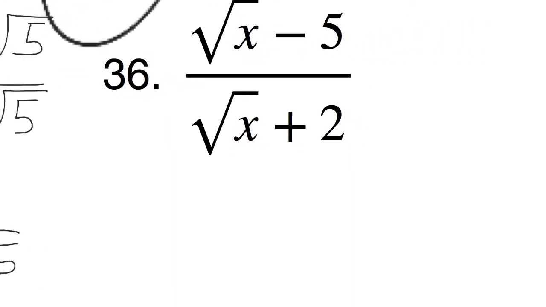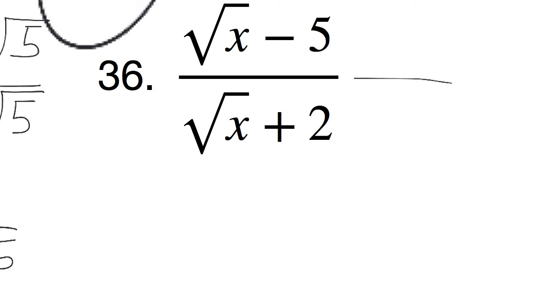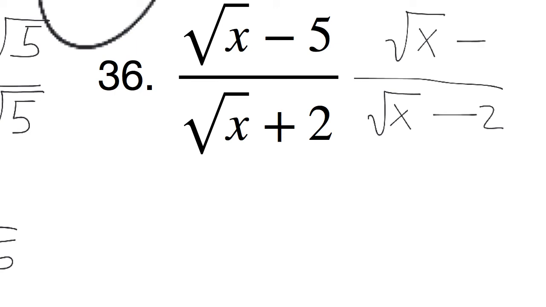Here, let's multiply by the conjugate pair of the denominator. Again, the conjugate pair would be square root of x and 2, the only difference being subtraction. Square root of x minus 5. Nope, undo. 2. Whatever we do to the bottom, we do to the top. 2.